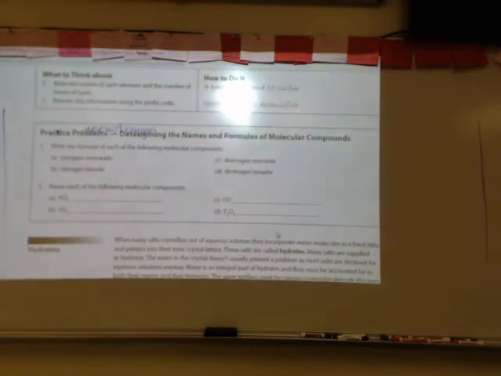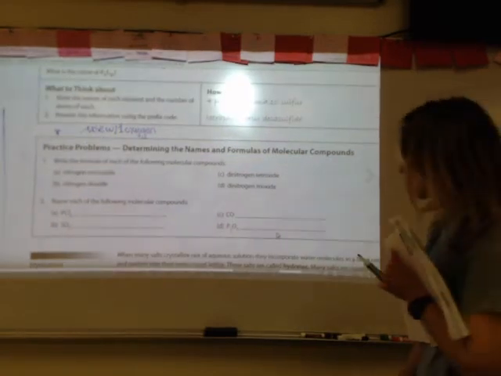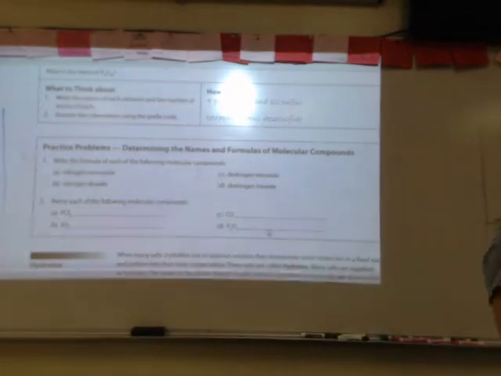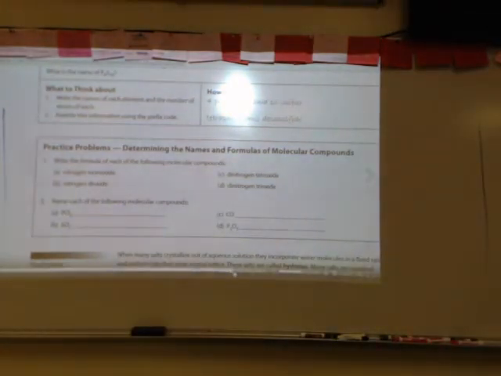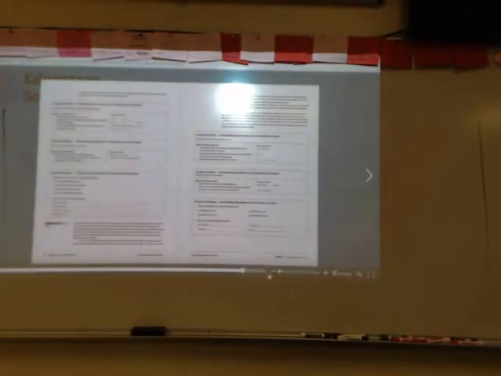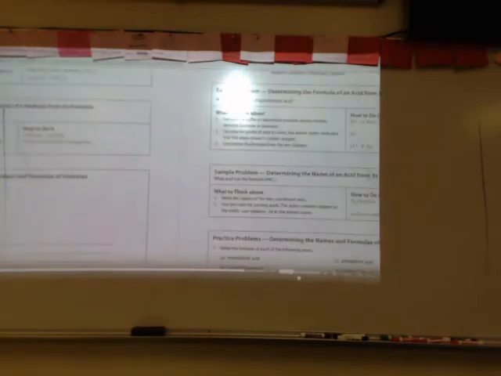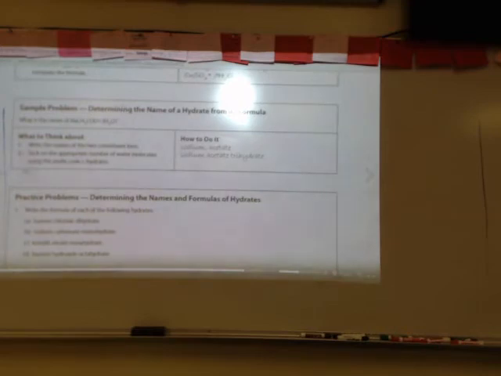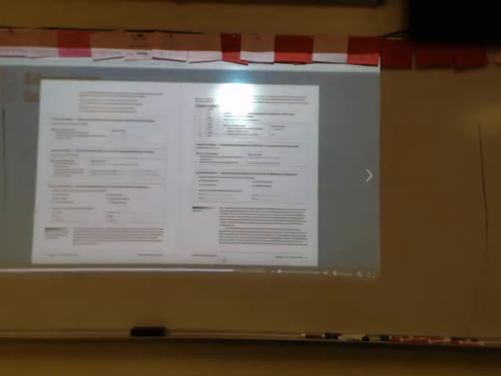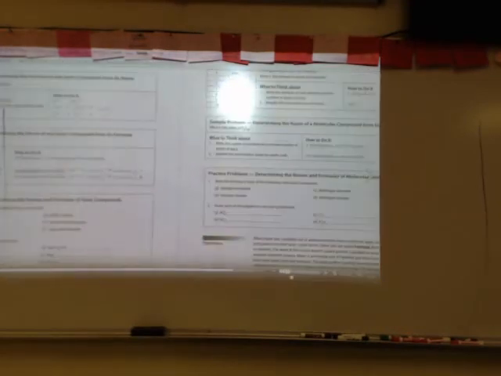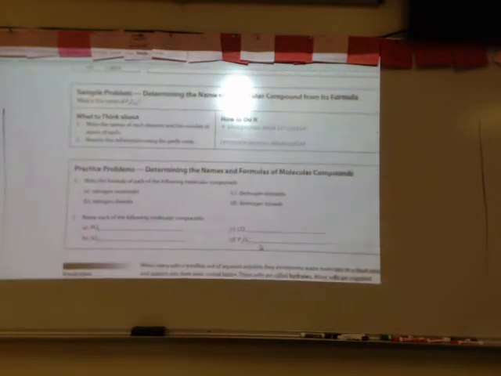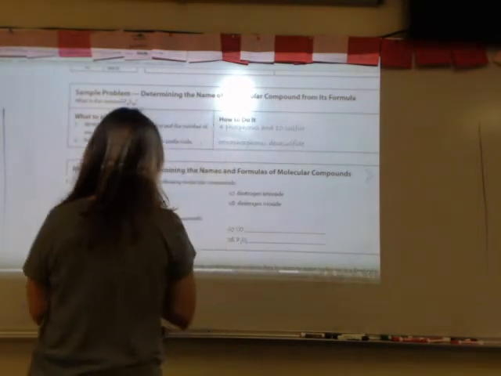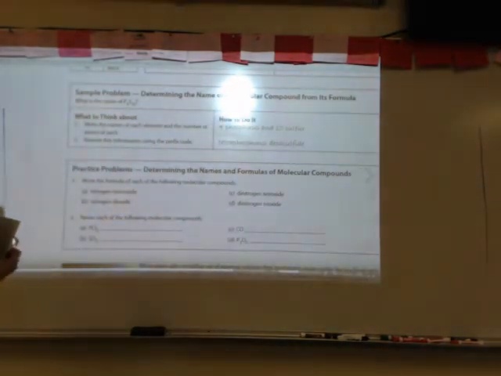Let's take a look here at these practice problems. So we're writing the formula for the following molecular compounds.